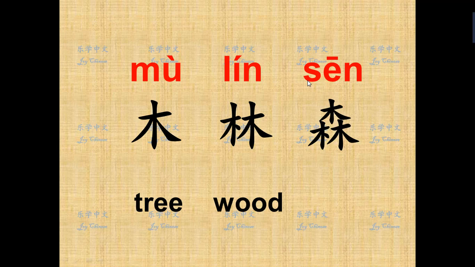It's a combination of s and n, first tone. Sen means forest, a big wood. So mu with one tree, lin with 2 tree, and more than 2 means a lot. The sen means forest.